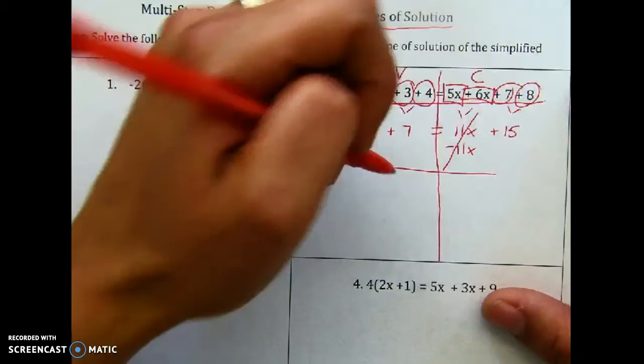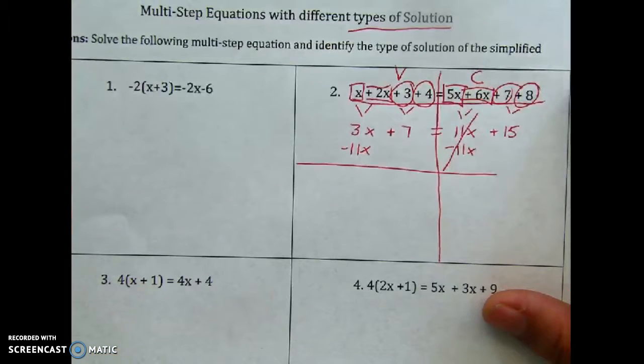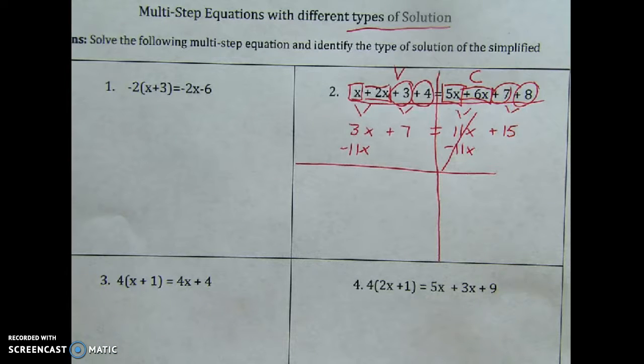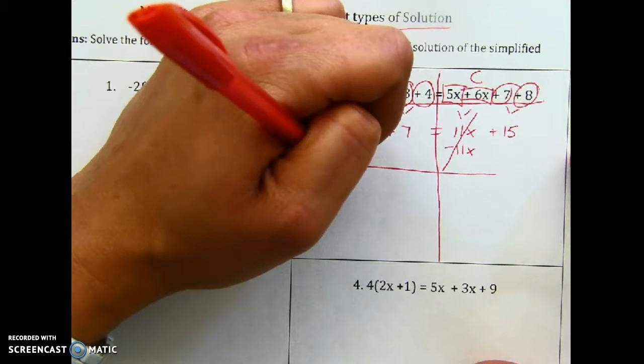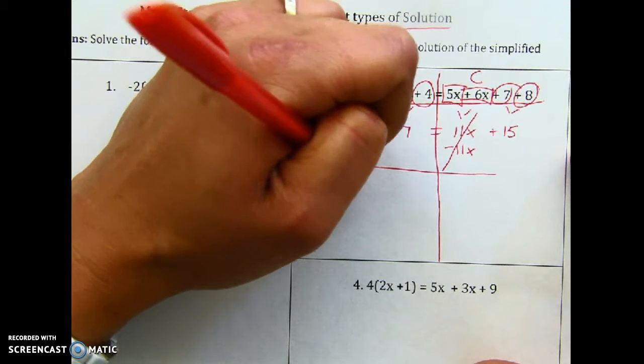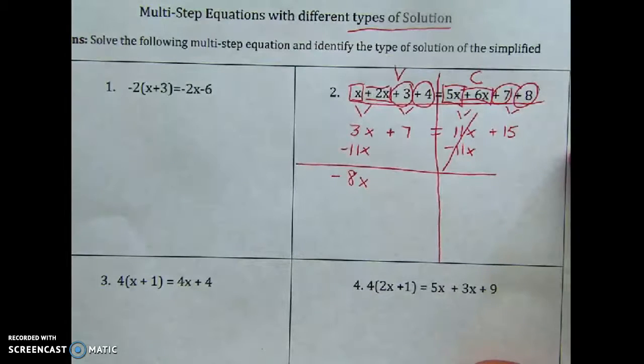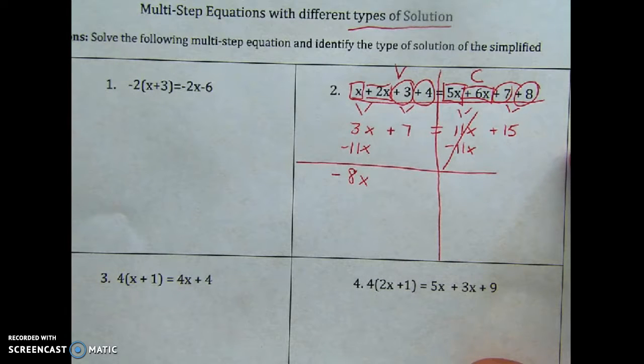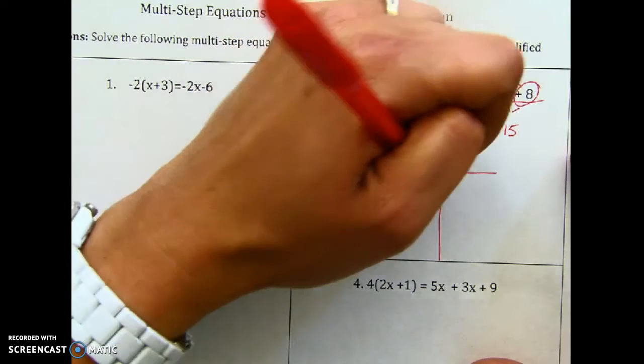When I do this, I see integers, so that's a positive and negative number. I'm going to subtract and take the sign of the larger number. 11 minus 3 is 8. The 11 is larger, so it'll be negative. I'm going to bring down what I have left.